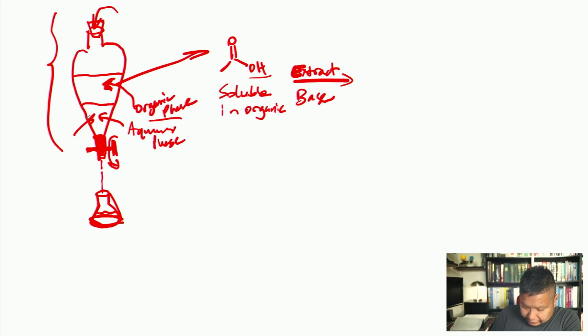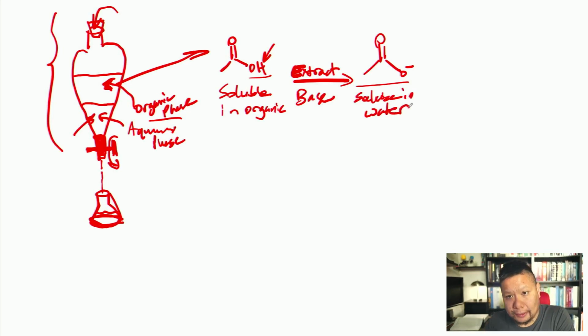And what it can do is it can deprotonate that proton there, making your product now, instead of being a carboxylic acid, a carboxylate ion. And when it's a carboxylate ion, it's much more soluble in water. Soluble in water, and so it moves down to the aqueous layer.